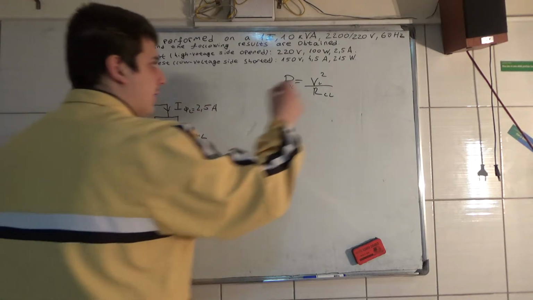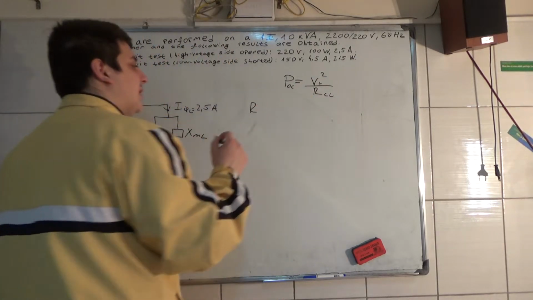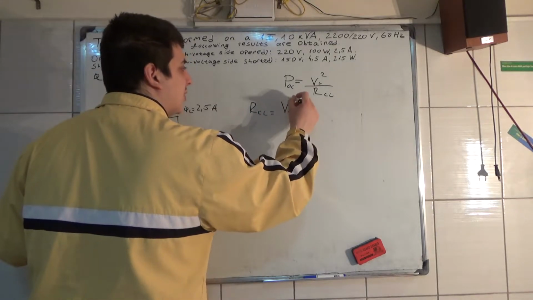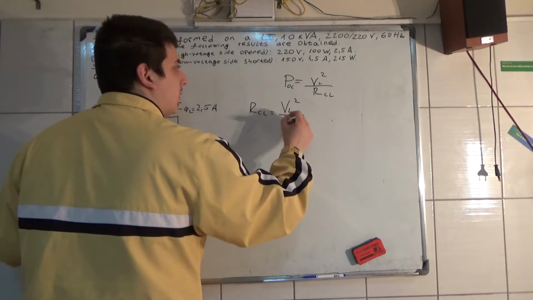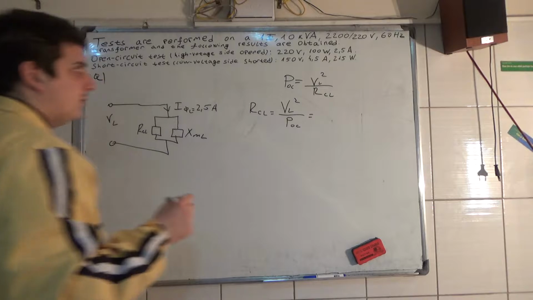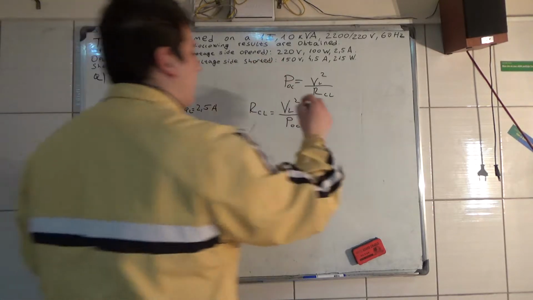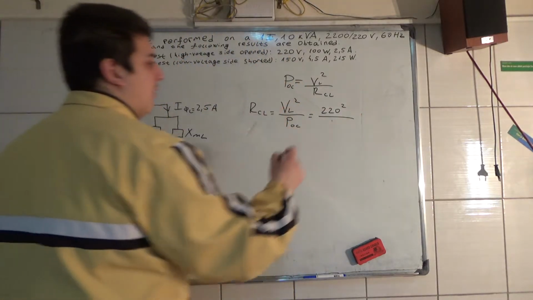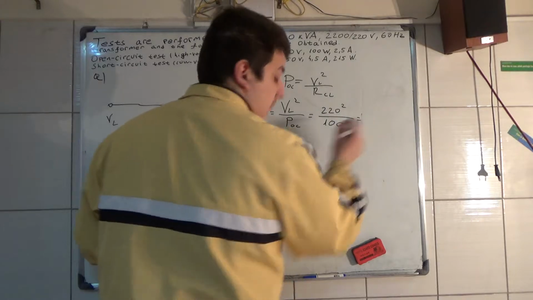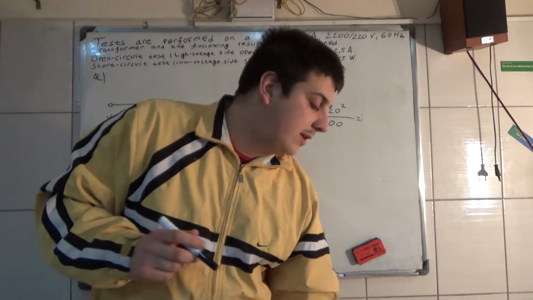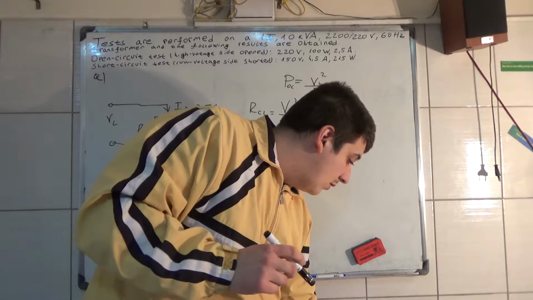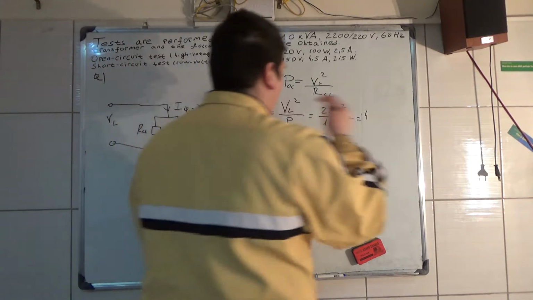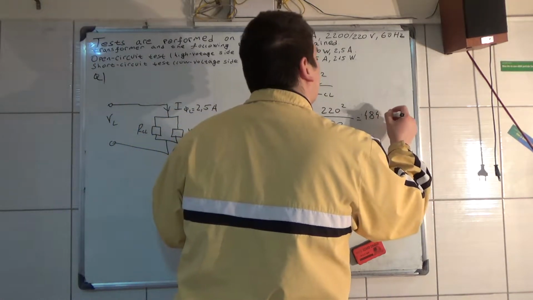Now you can express the resistance of the core loss, RCL, as equal to the low voltage squared divided by the power, which is 220 volts squared divided by 100 watts. Let me just see what the value is, and we get that RCL is equal to 484 ohms.